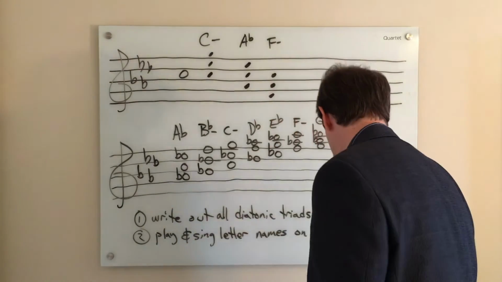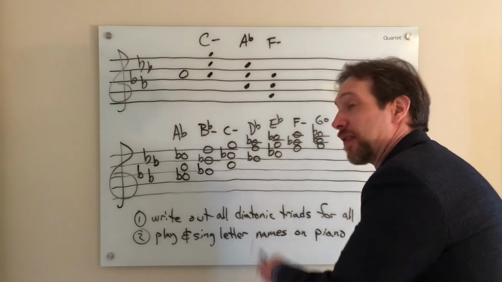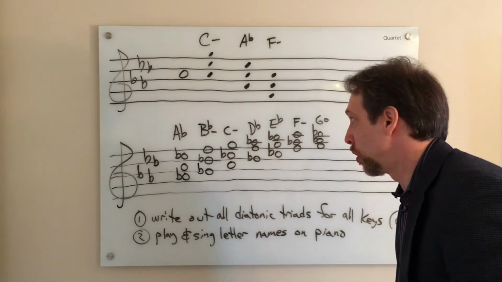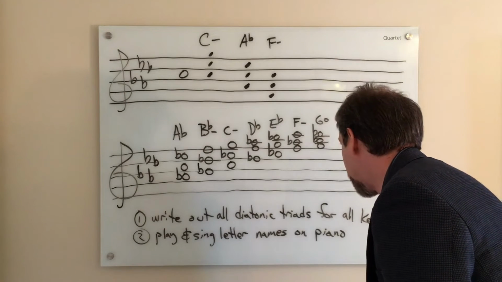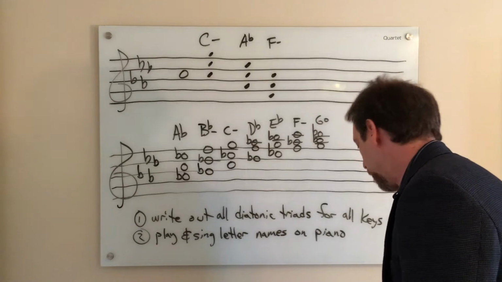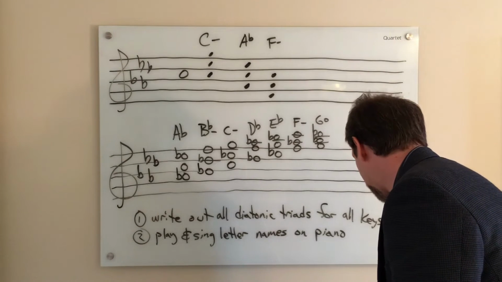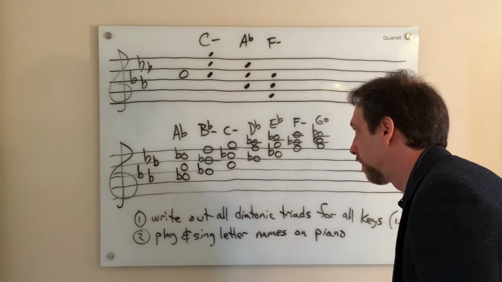So what you would then do is say, okay, I'm going to play and sing the letter names of each triad. I'm going to arpeggiate each. So you go, and you look at your hands while you're doing this. A flat, C, E flat, and you move on. B flat, D flat, F, and maybe you need to play the note first and then sing it.